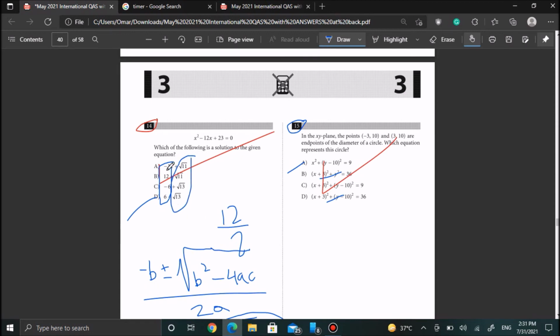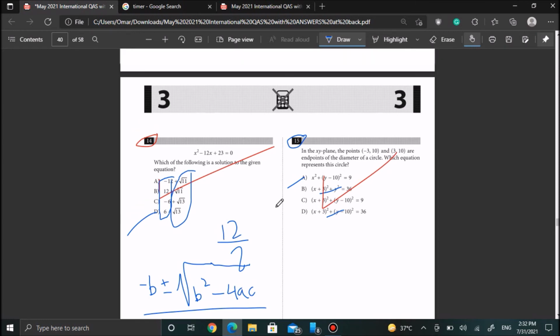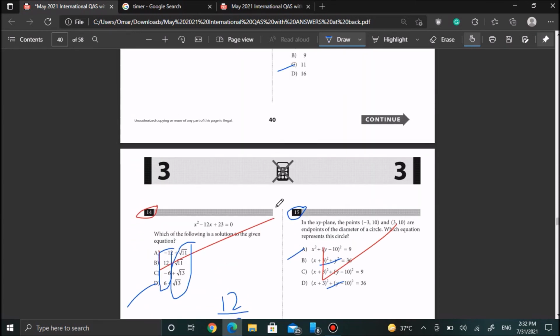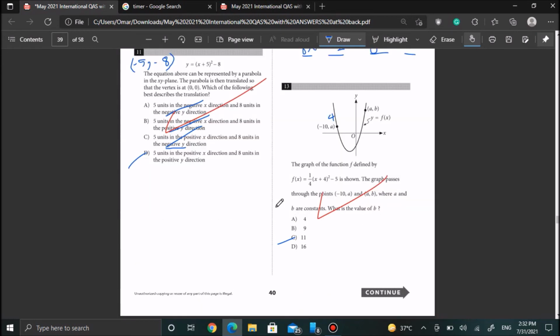Lucky for me, all these first terms were different, so I just said negative b over 2a, I got 6. The only answer with this is choice D, so I got the answer D. I didn't waste any time, just in a couple of seconds I solved the question. Yes, you should have these skills with you, because they help a lot. Trust me, they help a lot.